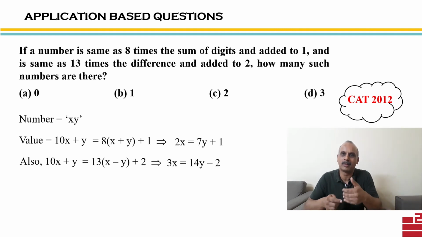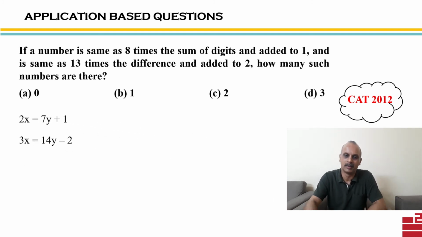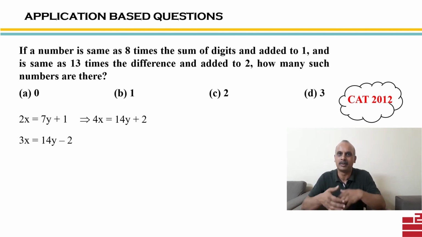So both the equations are simplified. Our first equation becomes 2x is equal to 7y plus 1, and second equation is 3x is equal to 14y minus 2. Now solving these equations, from the first equation we see 7y and second equation 14y, so I think it's obvious that we should double the first equation so that we have 14y, and later on we'll eliminate 14y.